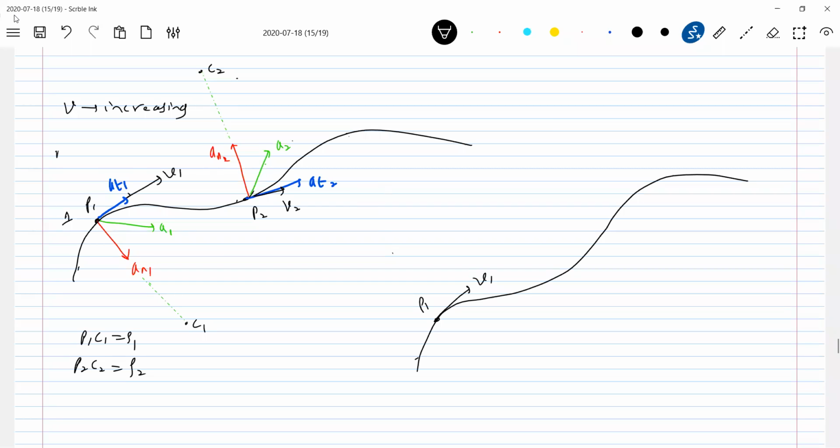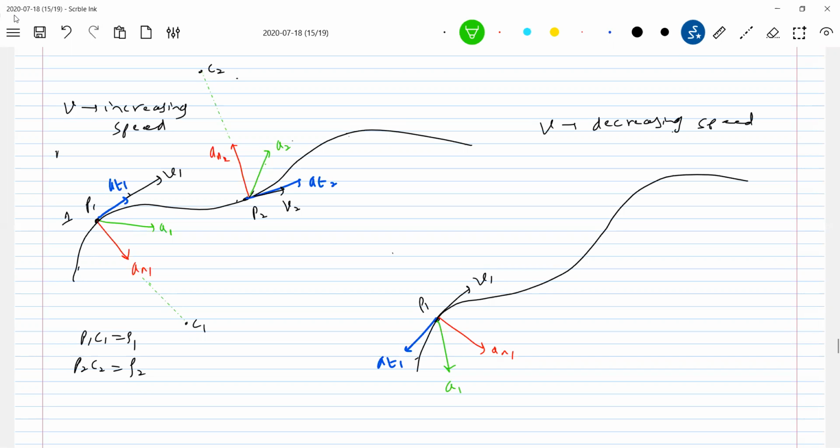So here is the decreasing speed, and there is the increasing speed. The normal acceleration will be directed like this only, there won't be a change. But the tangential acceleration is going to be opposite to the velocity, since the speed is decreasing. And the total acceleration vector will be like this.